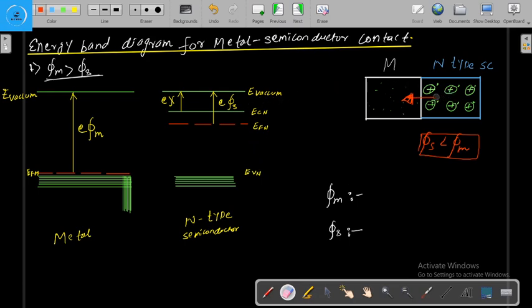So here electrons will be moved, and only the immobile depletion region will exist, and here negative charge will exist.